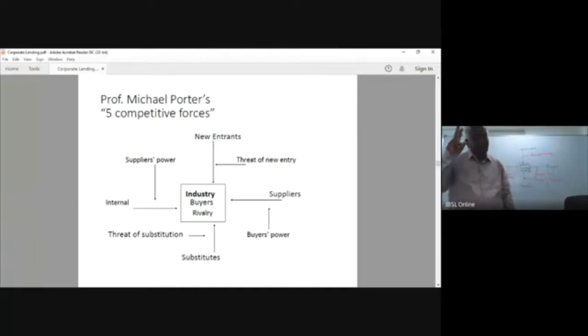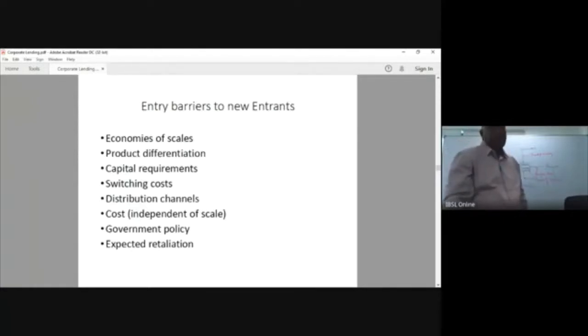The second pillar in corporate credit analysis: entry barriers to the new entrants. If new entrants are coming into this industry, that will increase the competition.